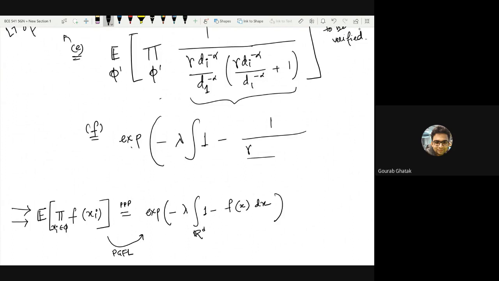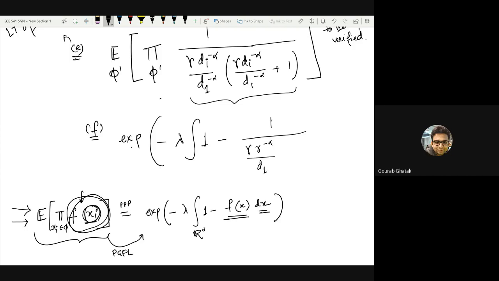Okay, and remember again, this is a very important point, and I think many people miss it in the first place, but I am trying to repeat it again and again. What we are doing is converting a function evaluated at individual points, taking a product of them and the expectation of them, into an expression which evaluates the same function at a dummy point x. So it is no longer di. Di hardly matters here. It is some r to the minus alpha.